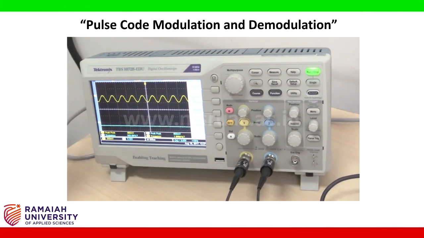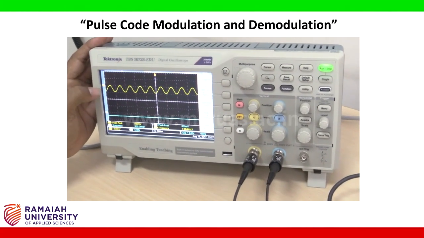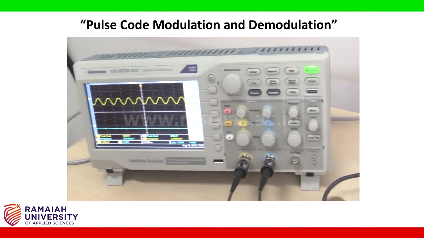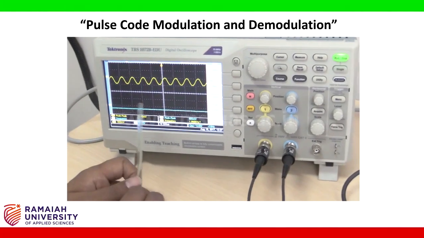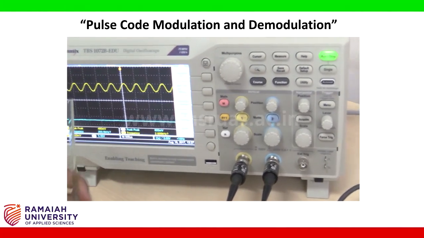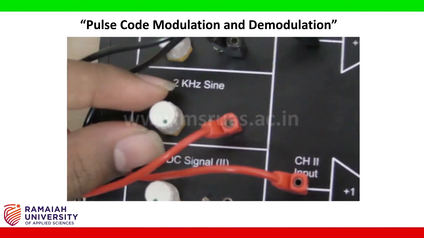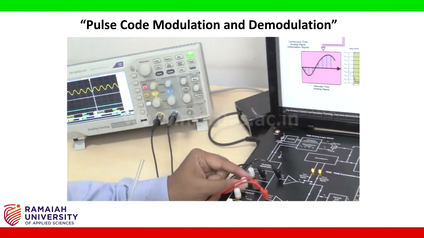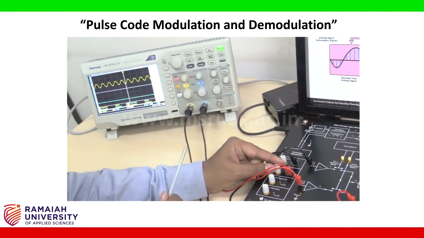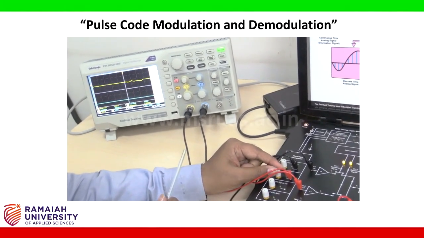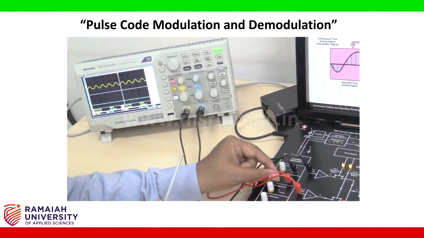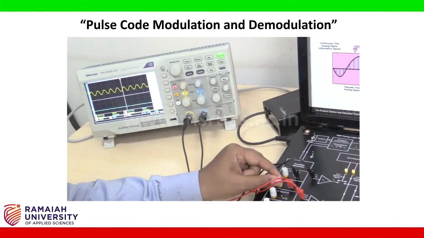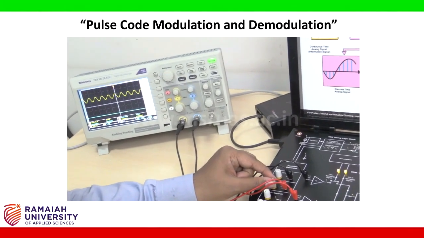Now we are able to see the transmitted waveform, the sine waveform, as well as the DC signal. If I vary the magnitude of the sine wave on this board by varying the 2 kilohertz signal generation magnitude knob, we can see the variation in the magnitude of the demodulated output.